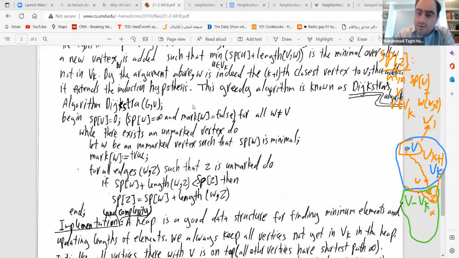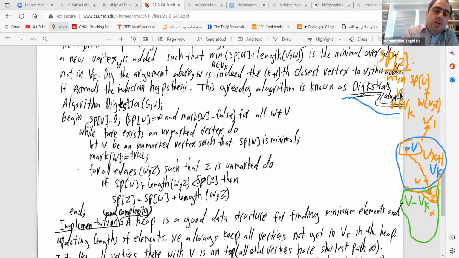So this is the whole Dijkstra algorithm that we are talking about. So what do we do? Exactly the same thing that we have done for DAGs. Here we are not running a topological sort order as we have done in the previous case, because there is no such kind of topological sort order and we don't need it as well.